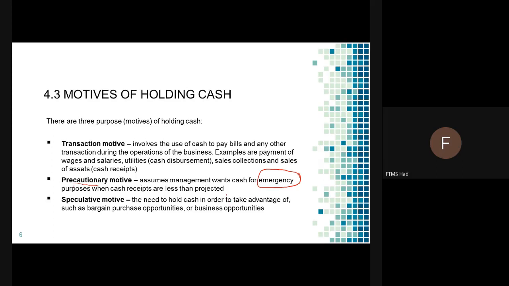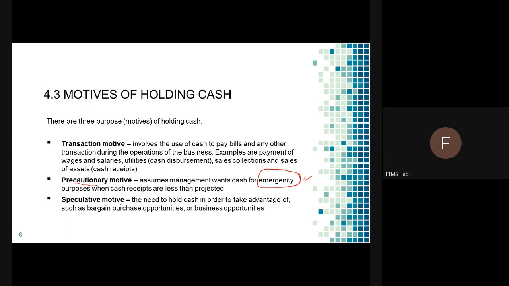Another example: while you are driving and suddenly the tire goes flat, you have no other choice but to bring the car to the workshop and be forced to spend money to replace the tire. That's why we call it an emergency, because you have no choice but to spend money.